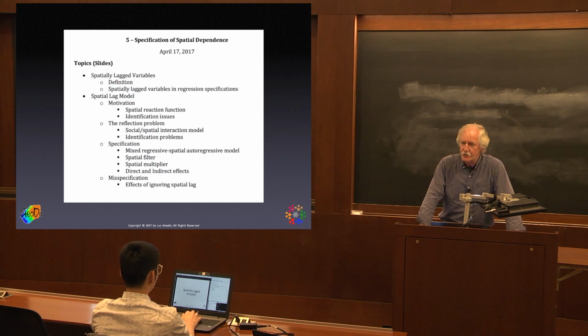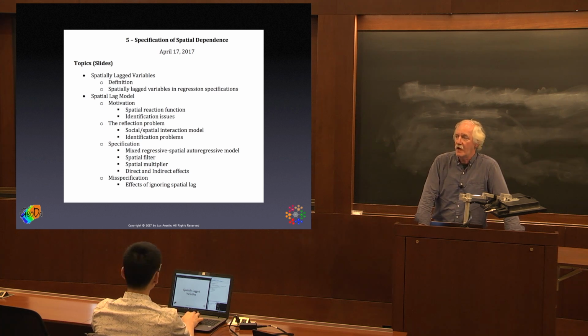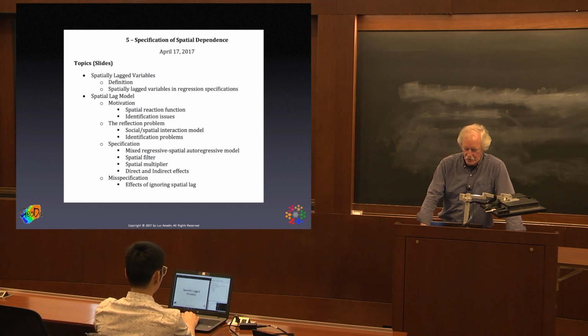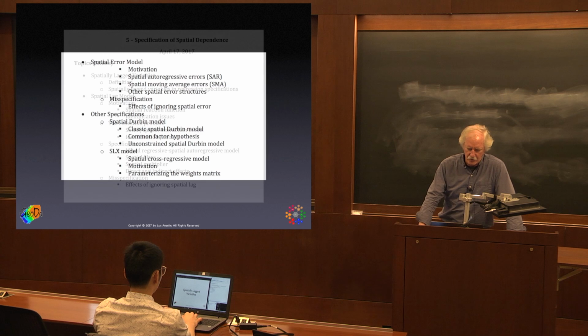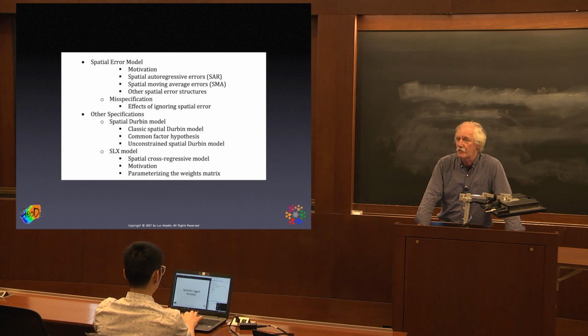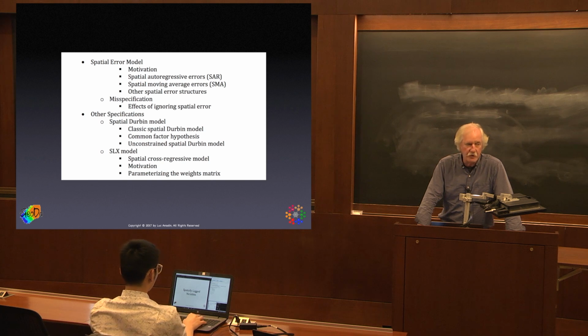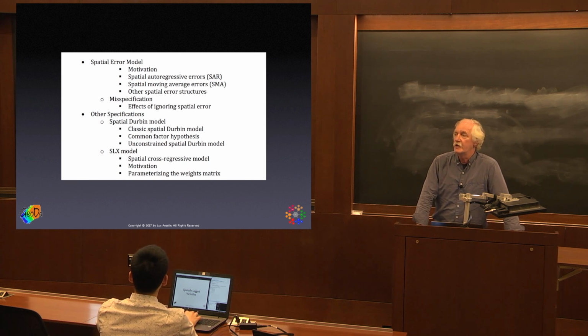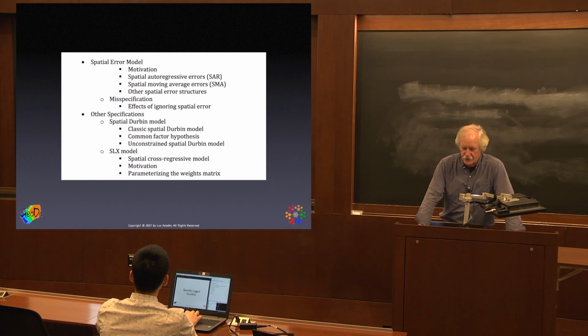And then we'll see the two main models, the spatial lag model, which has a spatially lagged dependent variable, and then the spatial error model, where the spatial effect is relegated to the error term. And we'll see the difference between these two, what that means for the model in terms of misspecification, meaning if you don't take the spatial effects into account, what does that do to your other parameters?